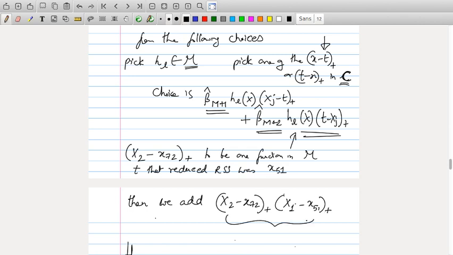So this is one function that we have now added into our basket, into our script M, because the t that reduced the residual sum of squares happened to be x51, the function corresponding to x51.